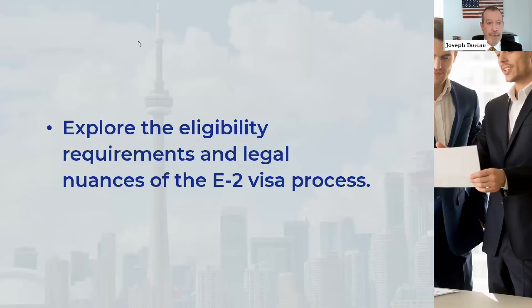But let's talk about Canada for a second. A lot of Canadians have come down to the United States on an E2 visa and have made this investment. The United States has a very friendly relationship with Canada, and Canadian entrepreneurs are encouraged to come here and invest. And so the typical standard, I like to say, is around 100,000.